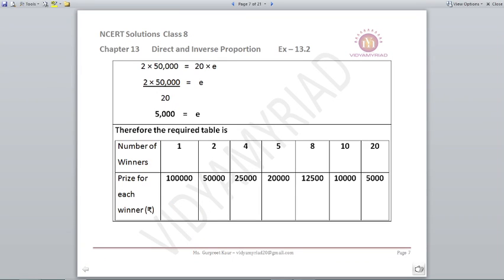So we can fill up the gaps like this, and we can even find E, that comes out to be 5,000 by multiplying.